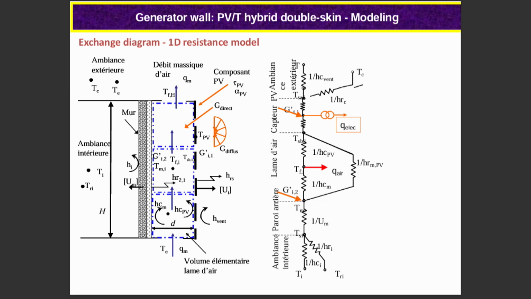It's a simple analogy zonal approach, and we were considering three main levels in the facade. It was a PhD, and if you are interested, it's in English because it was one of my PhD works on this modelization.